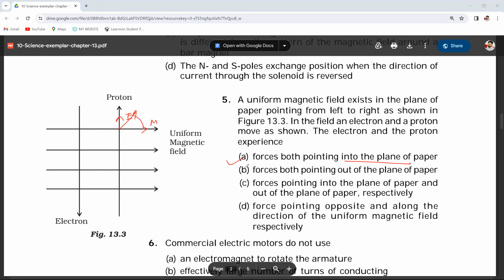It's very simple. You have to use this trick. Sometimes the question comes very simple and you can easily do MIU, IMD. If the direction of force is like this, the current is I, the current is in this direction and the magnetic field is in this direction, then you will use simple IMIU, meaning towards you.